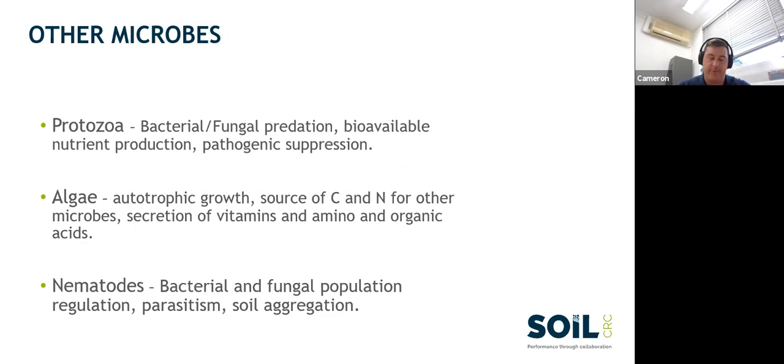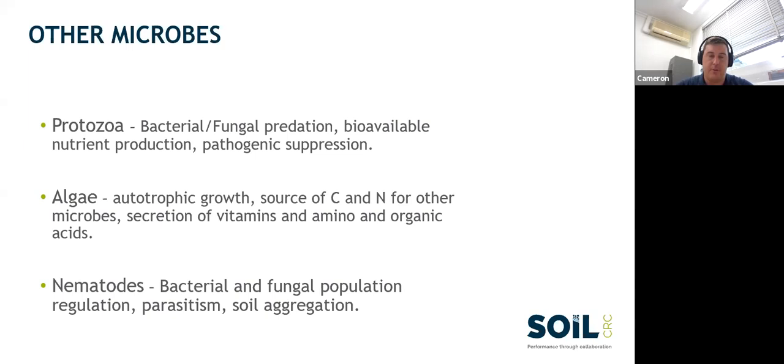So there's a lot of talk about fungi and bacteria, mainly because they're the two major players in the soil, but there are other microbes at play. Your protozoa are very important. They feed on bacteria and fungi. So they're not just feeding on the pathogenic bacteria, they do feed on the beneficial ones as well.